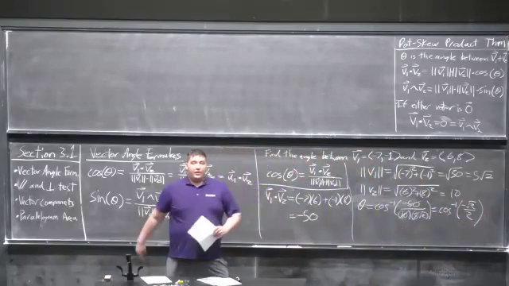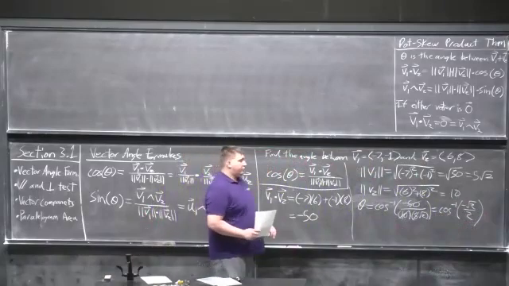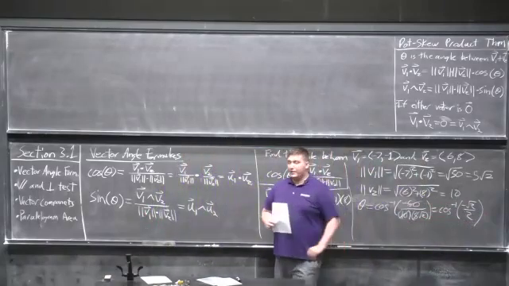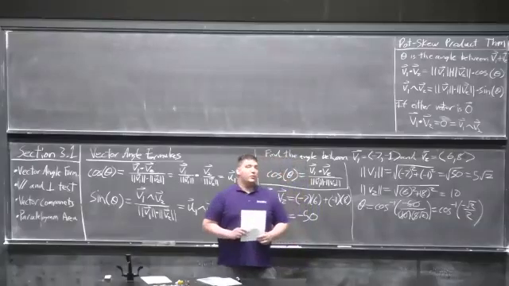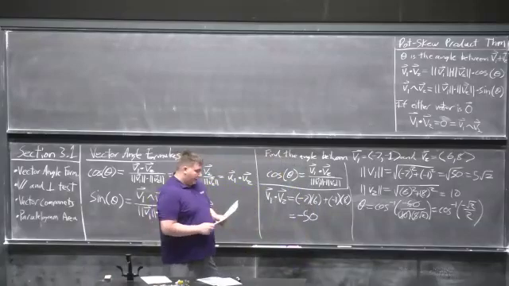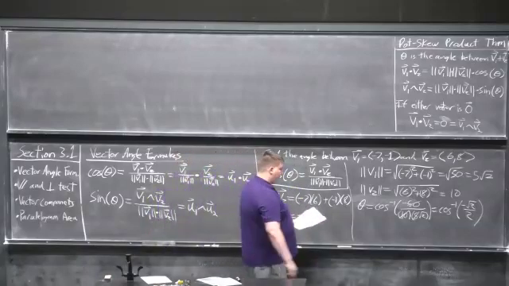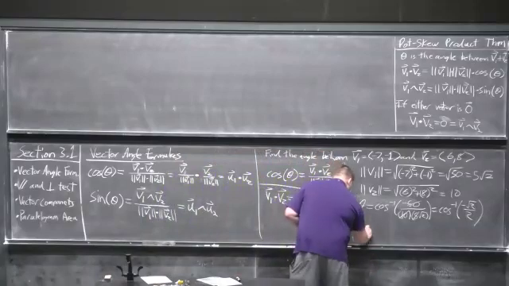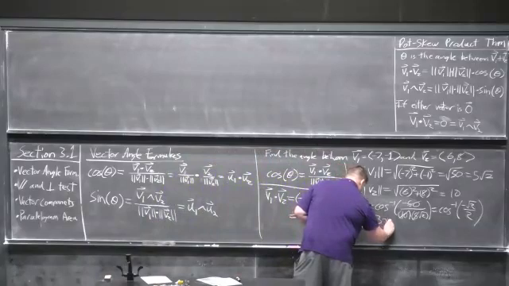We look at our range and we find that this is equivalent to 3 pi over 4. So theta is equal to 3 pi over 4.